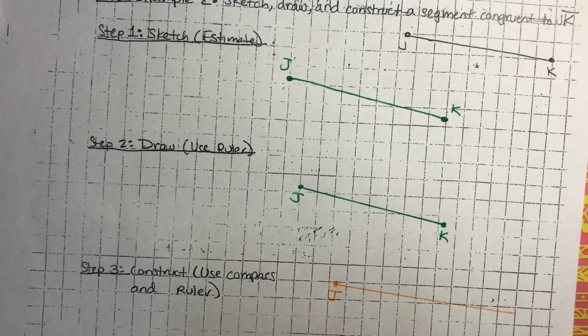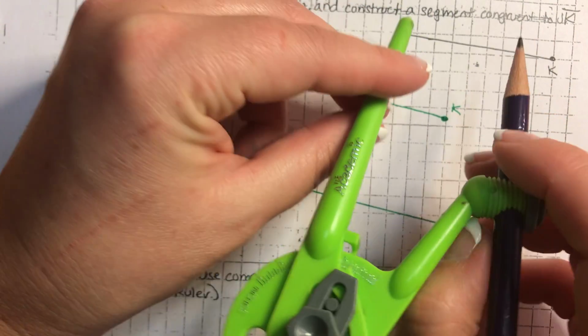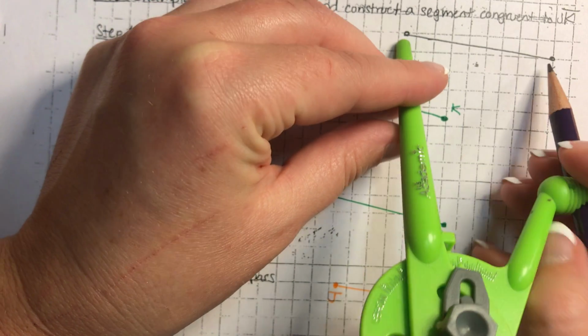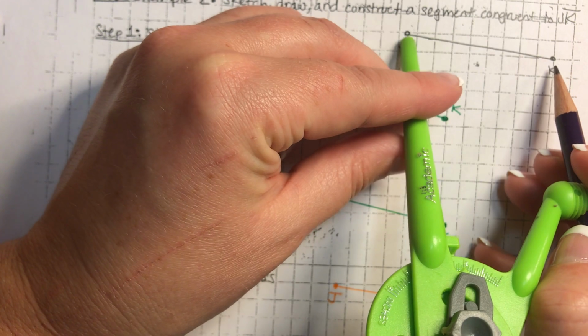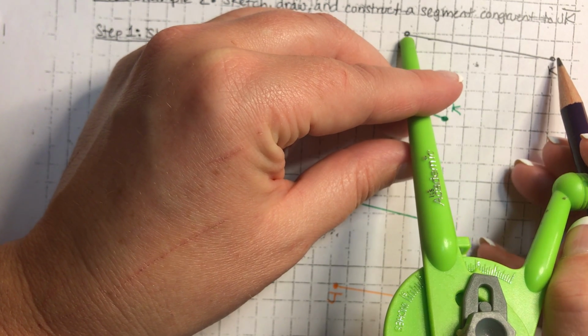Okay, cool. Now I'm going to get out my compass and go up here, remember, and mark the distance with my compass. The pointy thing is going to go on J, and then the pencil part's going to go on K, and I'm shooting for the middle of that point with the pointy thing, and the middle with the pencil.